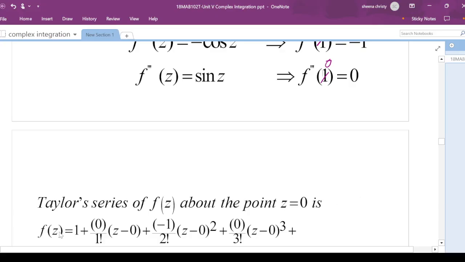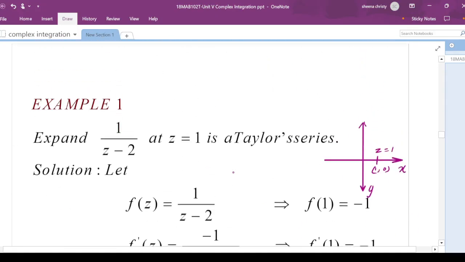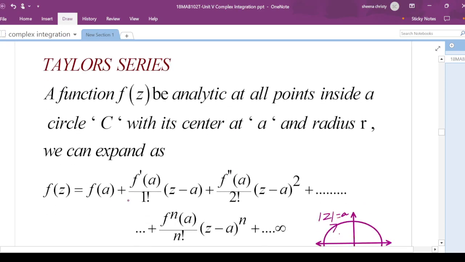Let us write the formula properly. You can see the formula here: f of z equal to f of a plus f dash of a by 1 factorial into z minus a.